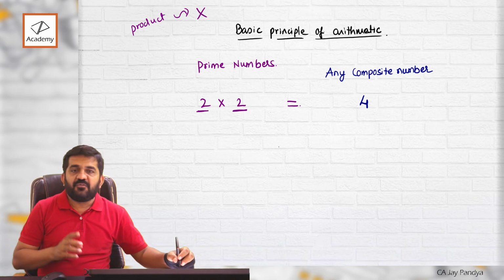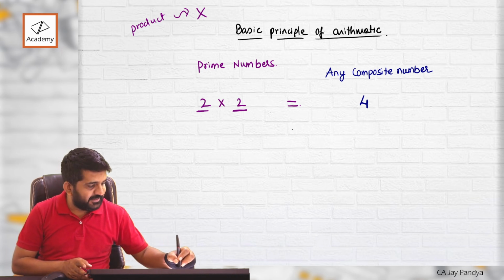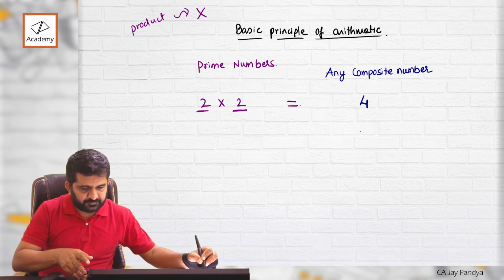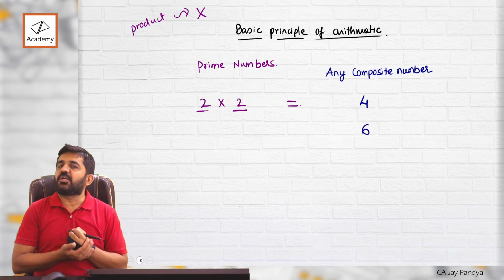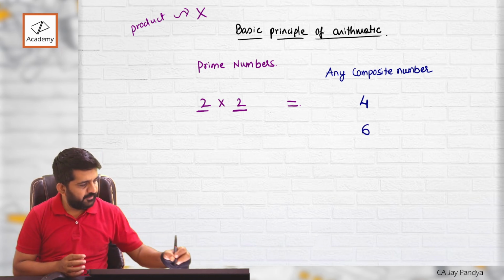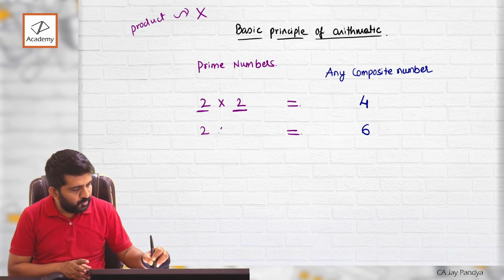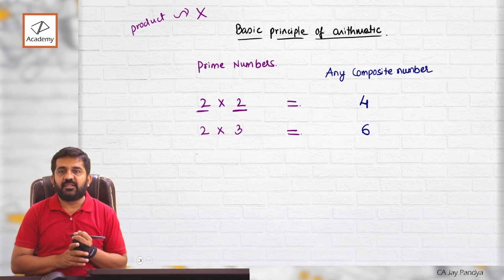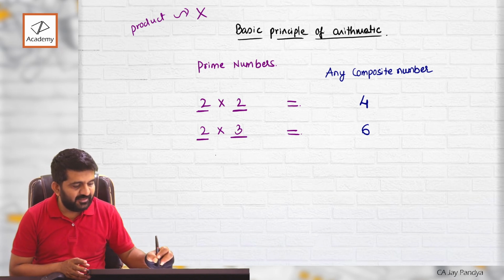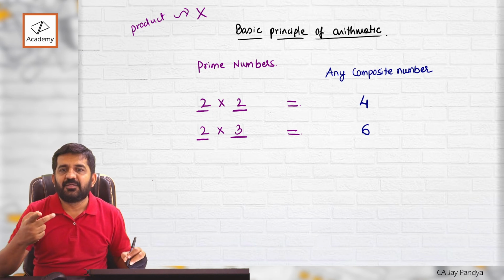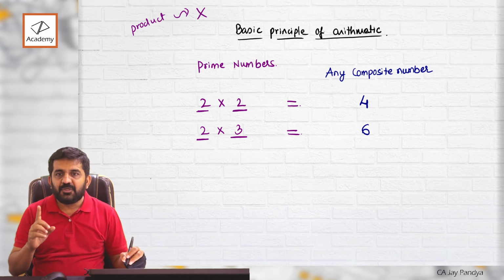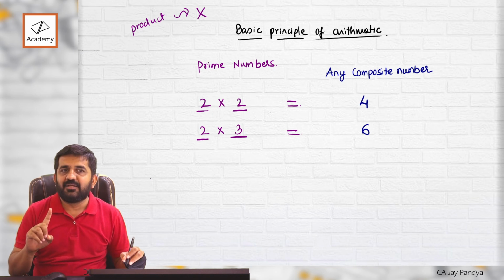Let me try out. 5 is prime. 6 is a composite number, right? Yes. It is 2 into 3. See, 2 and 3 both are prime numbers.